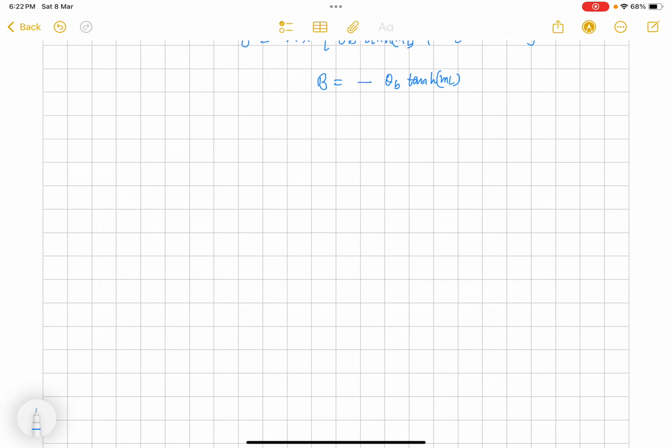And one more thing, we need to find d theta by dx at x equal to 0 to find the heat transfer, right? So that will be Bm.